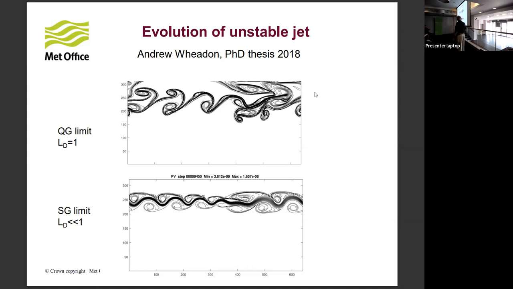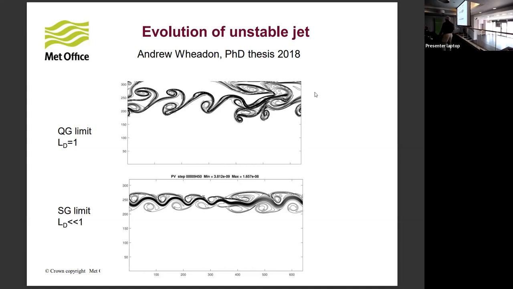In this case the radius of deformation gets smaller and smaller. And this plot is unstable, almost like the initial data. On quasi-geostrophic, with the radius of deformation independent, an instability develops, and these solutions are quite different. This one is actually going pretty much nowhere, and this solution is developing due to a nice instability.